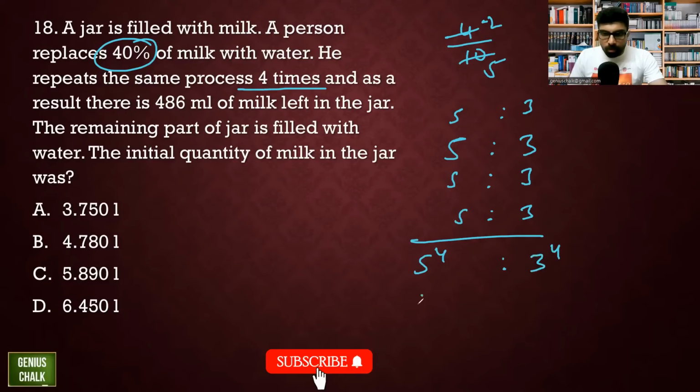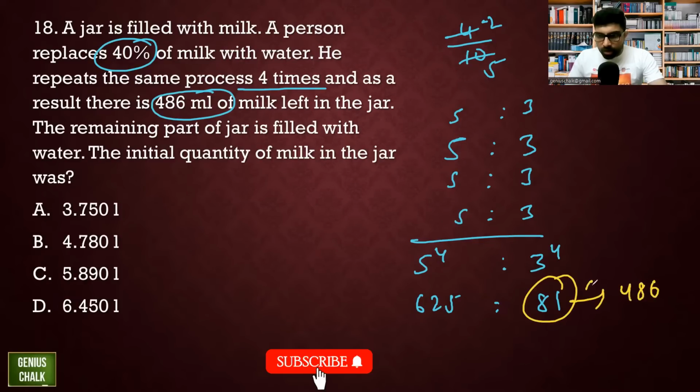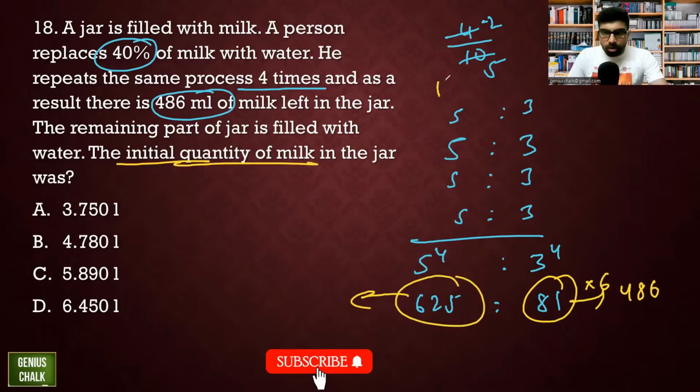What is 5 to the power 4? 625. What is 3 to the power 4? 81. Now what is given? There is 486 milk left. Fine, if milk left, that means it's talking about 81. So 81 value is 486, that is 6 times. So total quantity initial has to be 625, because we know this is pure milk, this is left milk.